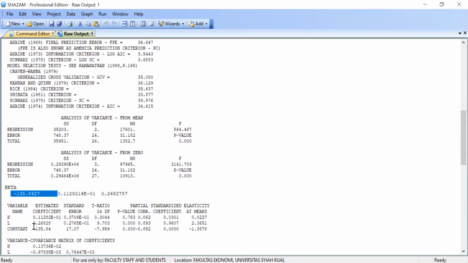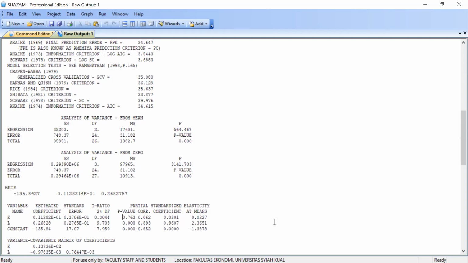Beta 2, we also get 0.011 something. Beta 3 is 0.26 something. And here we have the p-value. Here K is not statistically significant, and L is statistically significant and theoretically significant.